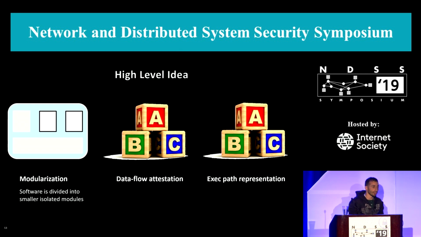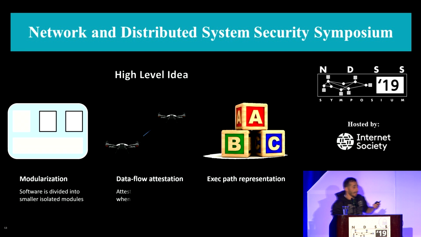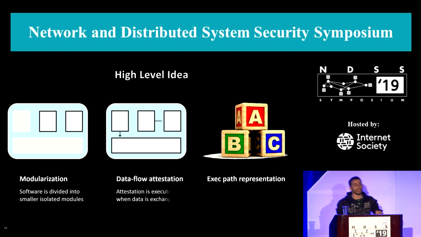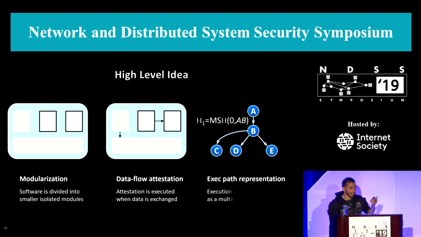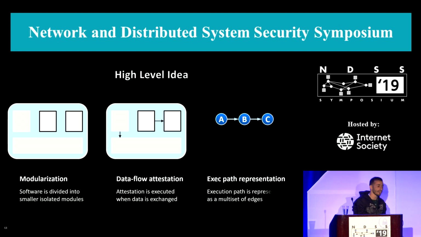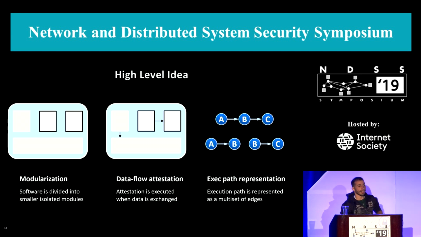We call these modules critical modules. We attest only when two devices in the autonomous system interact. So when a device asks another device for data, we identify the critical modules and only attest these modules. For the attestation, we use a multi-set hash function. Instead of attesting the execution path, we attest a multi-set of the executed edges inside the path.